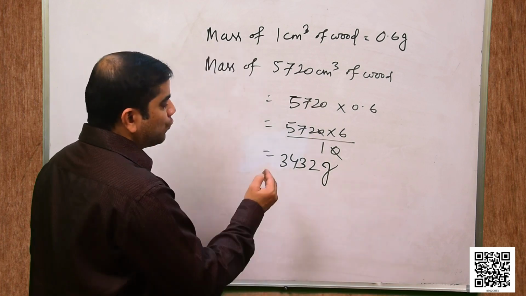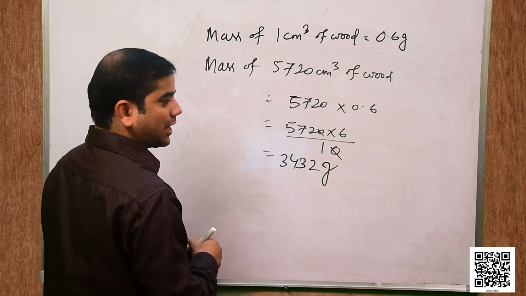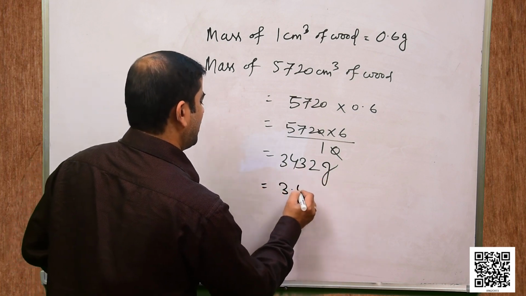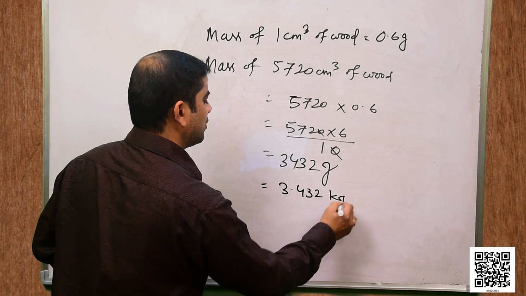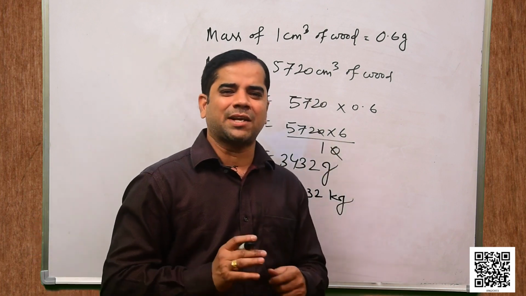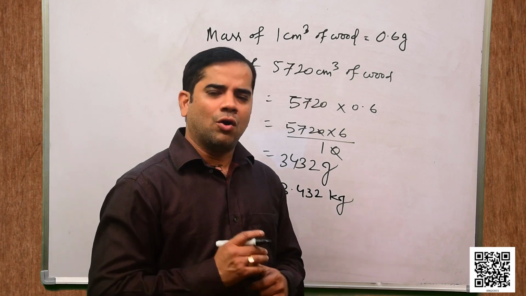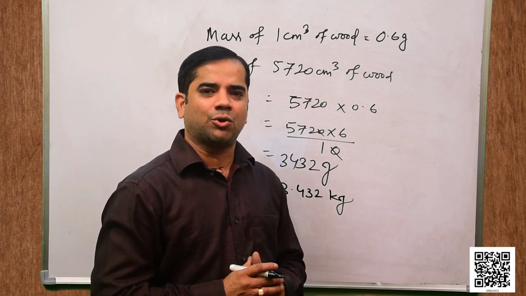When we convert this into kilograms, we find 3432 gram is equal to 3.432 kilogram. Hence the mass of the pipe is 3.432 kilogram. Hope you understand the solution for the question.